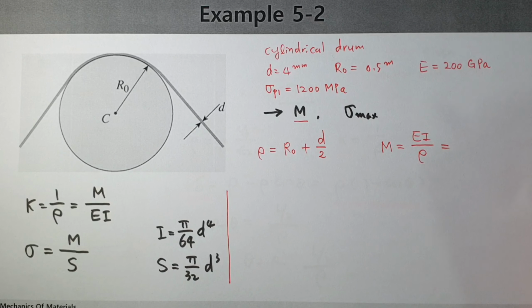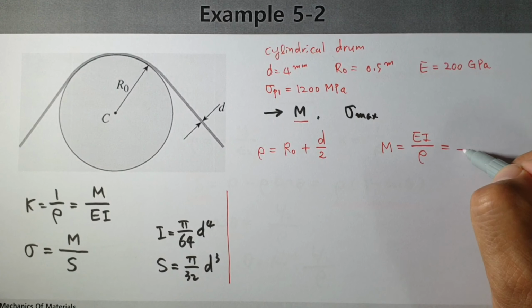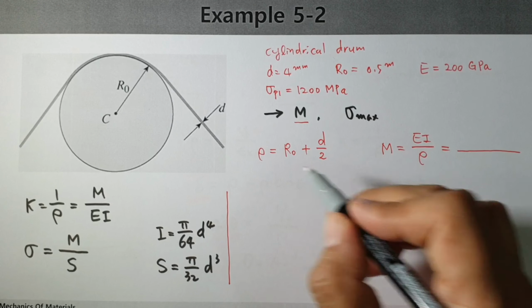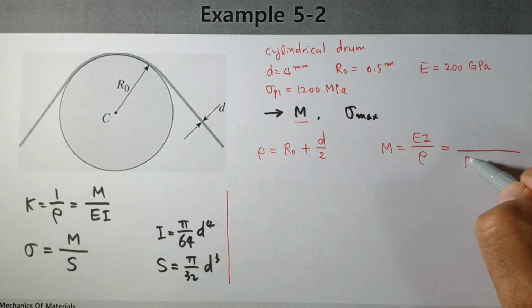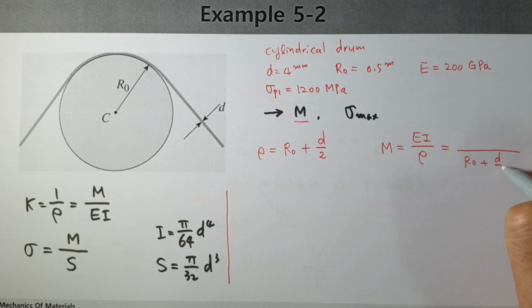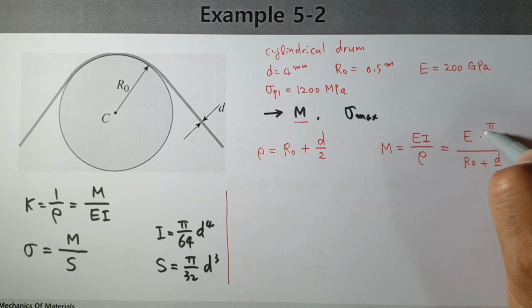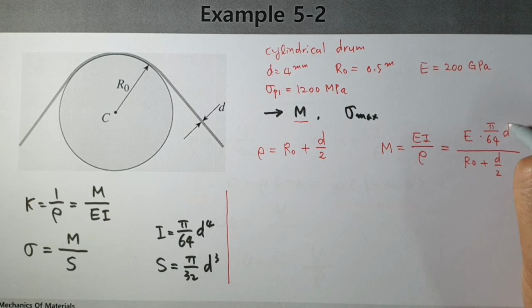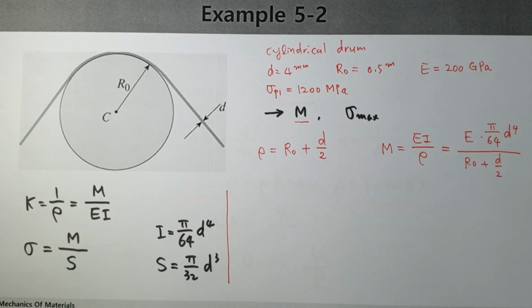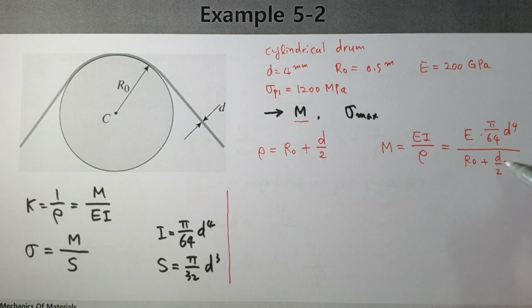Then rho is what? Rho is r0 plus d over 2, and let's say I equals pi over 64 d4. Then we know everything, r0 and d and so on.